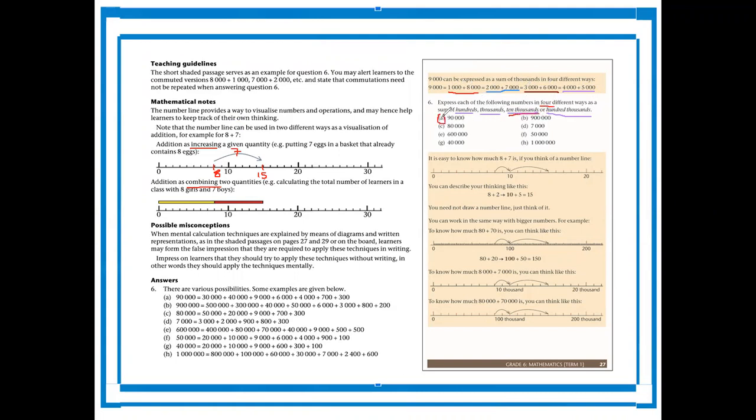This is for question A. And then question E, we would look at the 100,000s, because we have 100,000s here, and you need to find 4 different ways, remember.